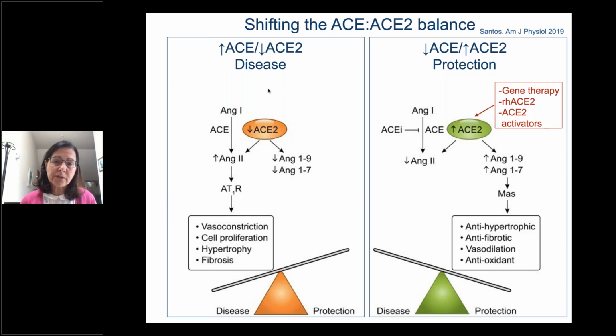And perhaps by shifting the ACE-ACE2 balance, this might be a new strategy in terms of upregulating ACE2 and thereby promoting the cardiovascular protective effects through an upregulated ACE2-Ang1-7 system. And indeed, today, we know that there's a recombinant human ACE2 that is being investigated, ACE2 activators, and also activators of the Ang1-7 MAS pathway.